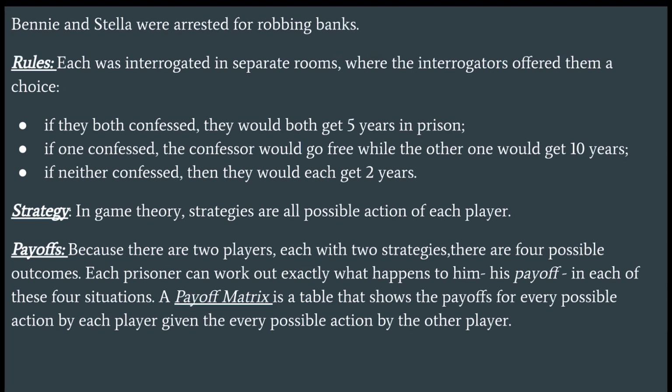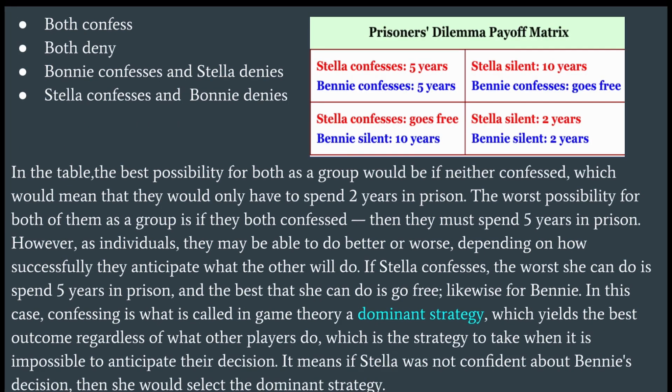The payoff matrix is a table that shows the payoffs for every possible action by each player given every possible action by the other player. The 4 strategies are both confess, both deny, Benny confesses and Stella denies, Stella confesses and Benny denies.